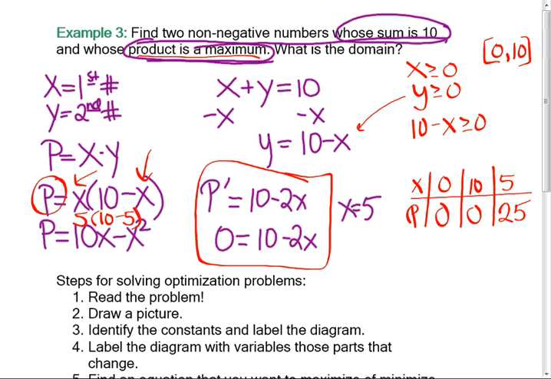I mean, this was kind of easy. I probably could have figured it was 5 before. 5 times 5 is 25. If I take 6, 6 times 4 is 24. It's smaller. I take 7, 7 times 3 is 21. Smaller yet. Okay? I knew that.